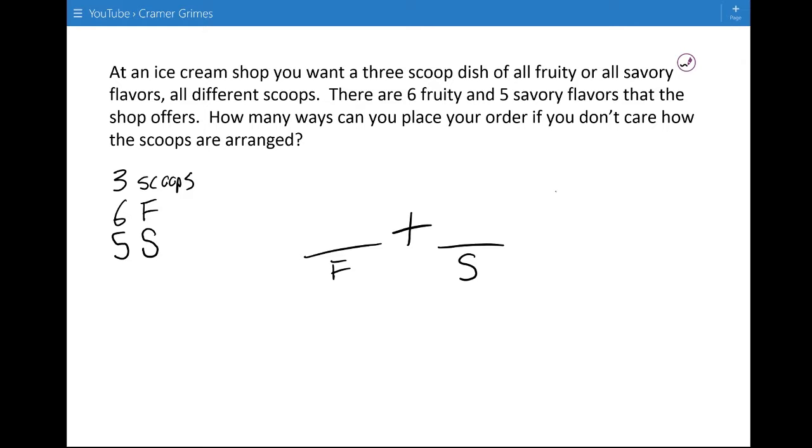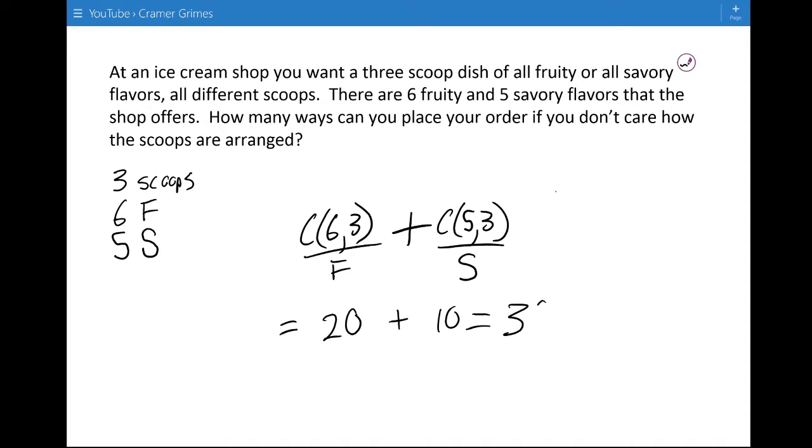Now for calculating the fruity flavors, I could do combination of the 6 fruity flavors, choose 3, or combination of the 5 savory flavors, choose 3. 6 combination 3 is 20. 5 combination 3 is 10. Add those up. That would give us 30 options. Okay?